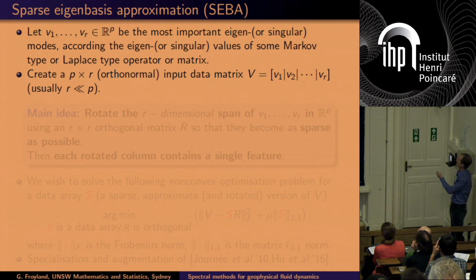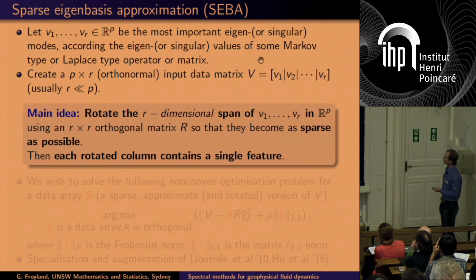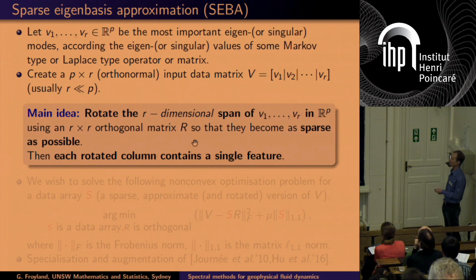So this array V is very long, very tall and thin. And the main idea, as I said, is you rotate this relatively small R-dimensional span of these long vectors with an R by R orthogonal matrix, so they become as sparse as possible. And each rotated column now should contain a single feature.